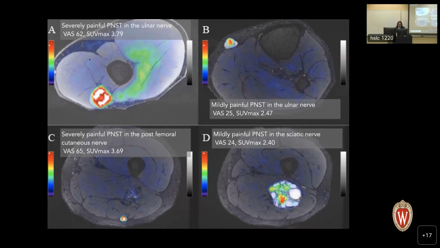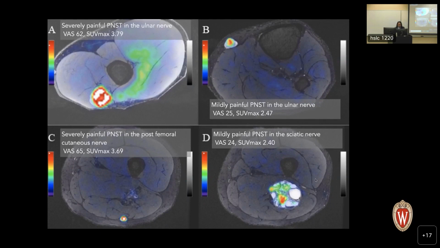So here's a severely painful peripheral nerve sheath tumor in the ulnar nerve with an SUV max of 3.79; on the visual analog scale, the patient had a number of 62. This was a less painful one after mashing on it, a visual analog scale of 25, and then the SUV of 2.47.